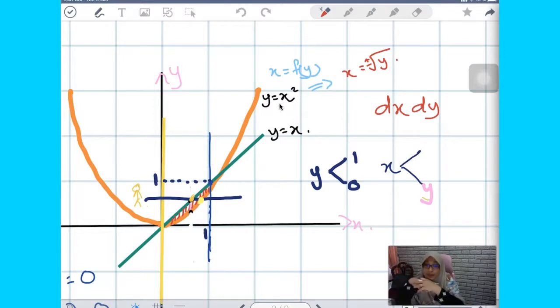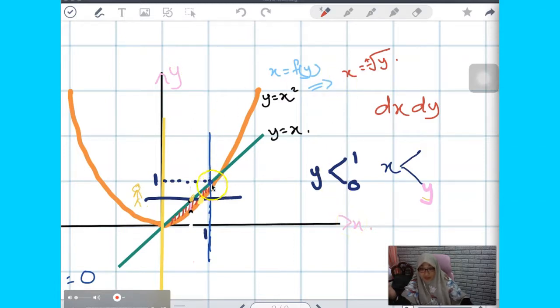But since you have two values, positive square root or negative square root, you have to look at your region. Where is your region lying? On the first quadrant, right? Which means y is positive and x is positive.